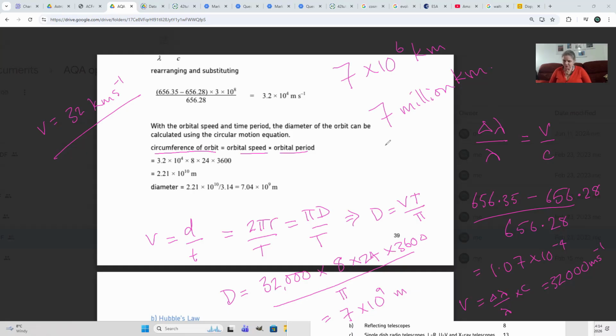That's right. So yeah, they're only 7 million kilometers apart, which sounds like a lot, but it's actually not that far. Okay, so there you go. That is eclipsing binary stars. Okay, right, let's move on.